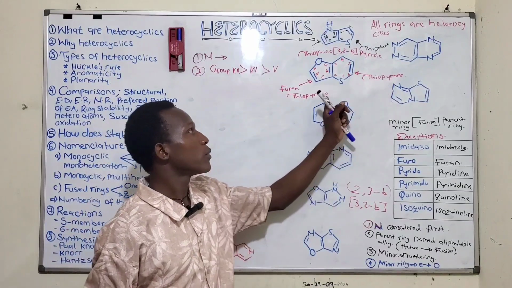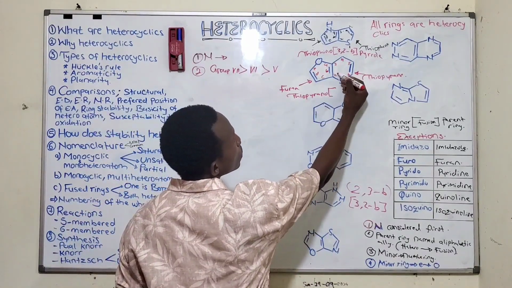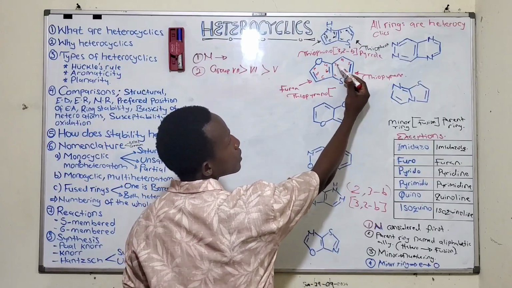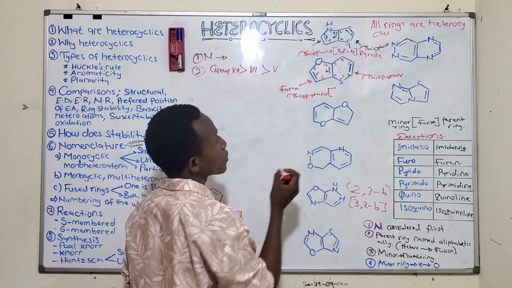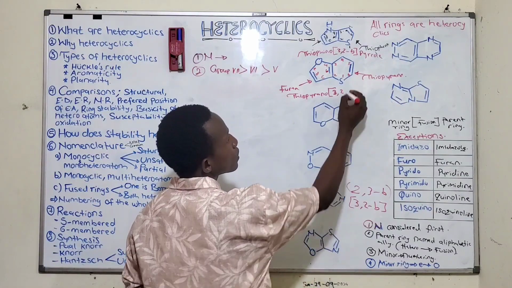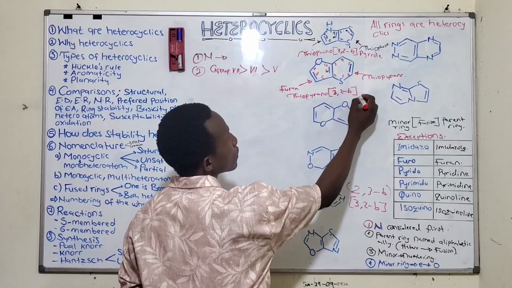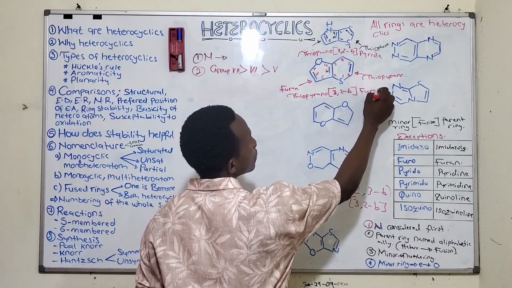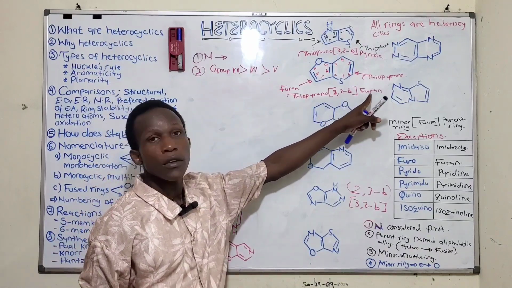Replace the E with O. Fusion is at position 2, 3. But 3 is near the first atom from the parent ring. So it is 3, 2, then at face B. Then we write furan. So it is thiopyrano 3, 2B furan.